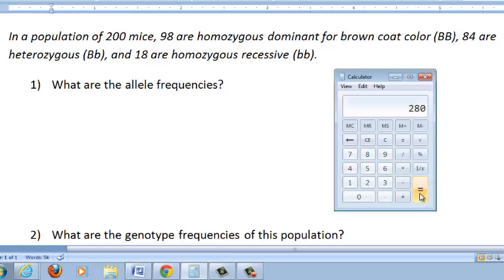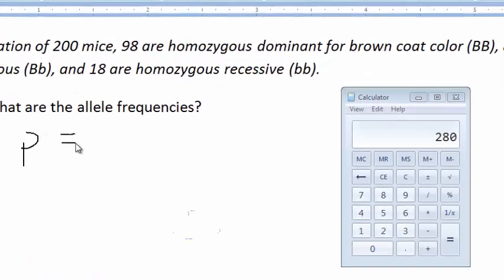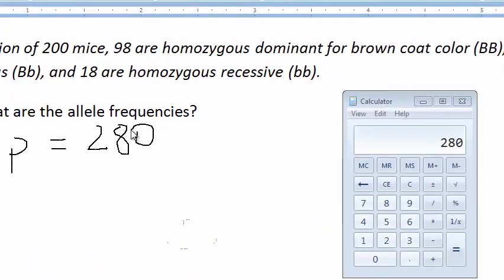All right. So go back to what we were looking for here, and we said that we wanted to know what the P allele was. The P allele is the total number of dominant alleles. So again, we're at 280 divided by the total alleles in the population. Well, as I said, we got 200 mice, which means each of those has 2 alleles, so we've got a total of 400 alleles in the population, 200 times 2.